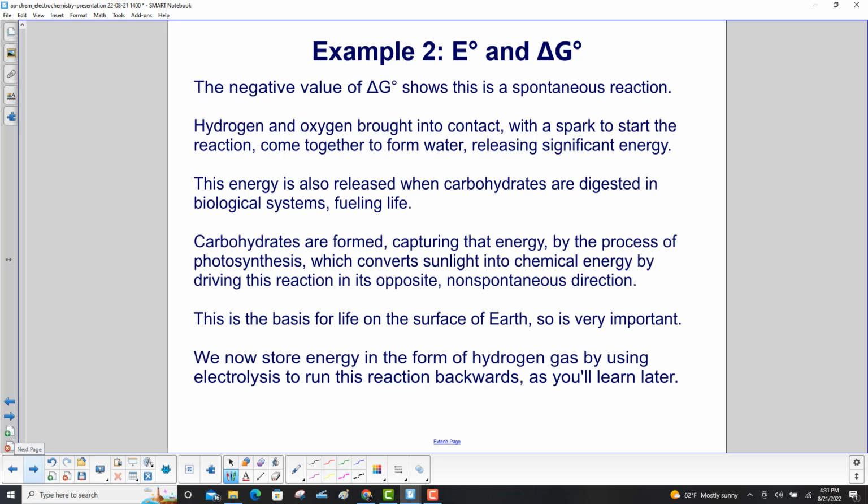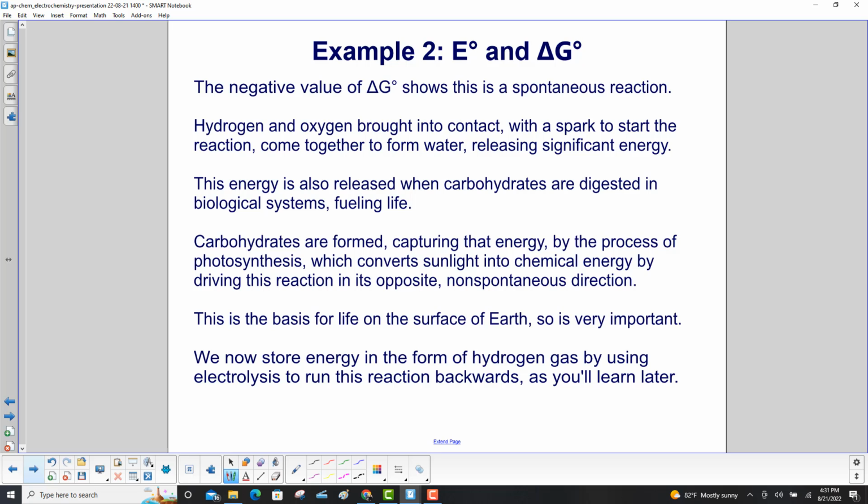More about this example. The negative value of delta G naught shows that this is a spontaneous reaction. Hydrogen and oxygen brought into contact with a spark to start the reaction come together to form water, releasing significant energy. This energy is also released when carbohydrates are digested in biological systems that fuel life.